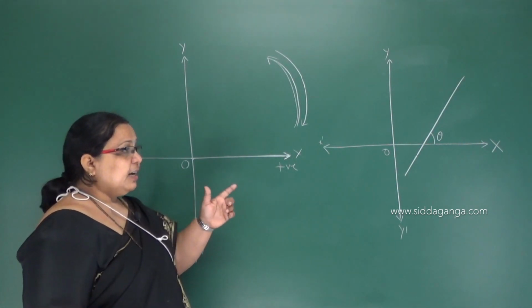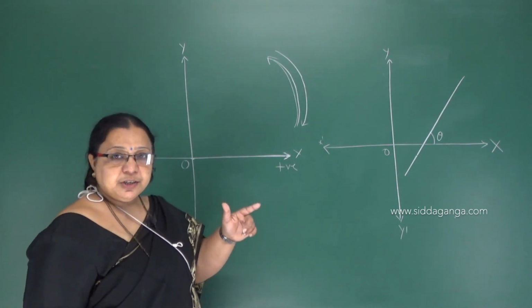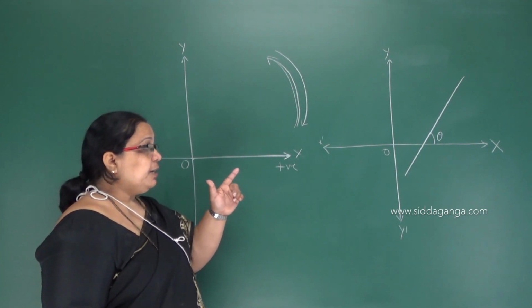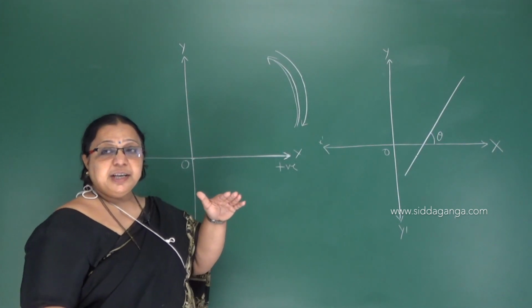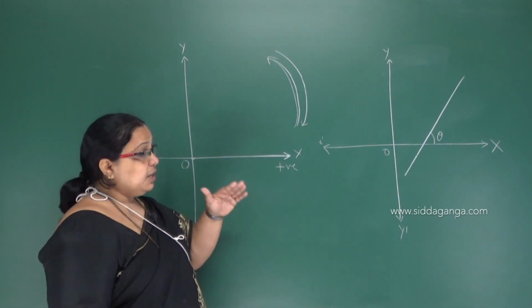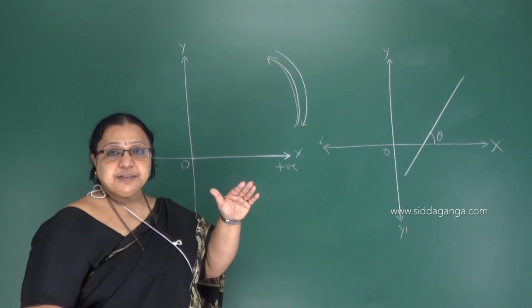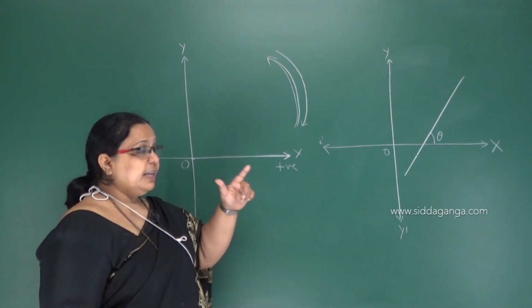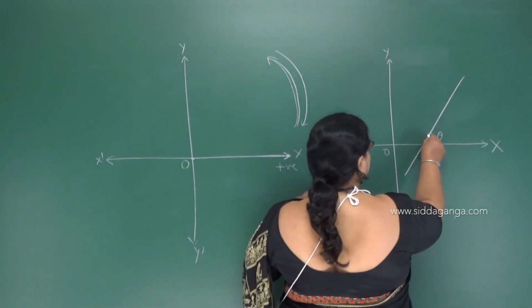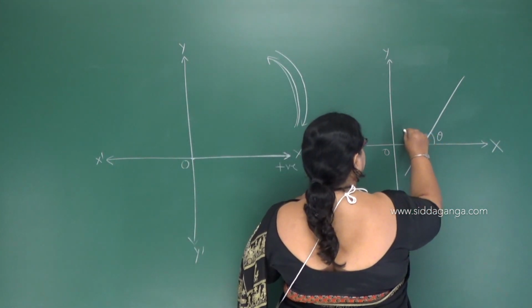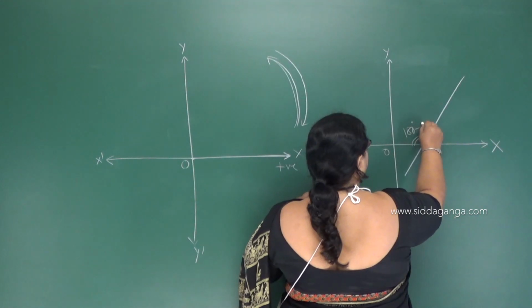If a straight line makes an angle theta, that means its inclination with the positive direction of the x-axis is theta, then the adjacent angle is 180 degrees minus theta.